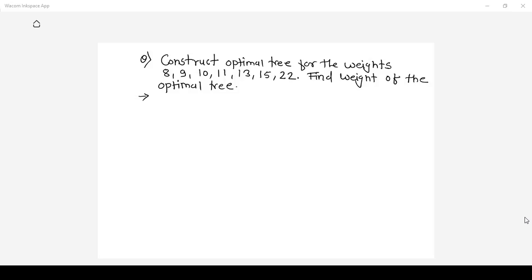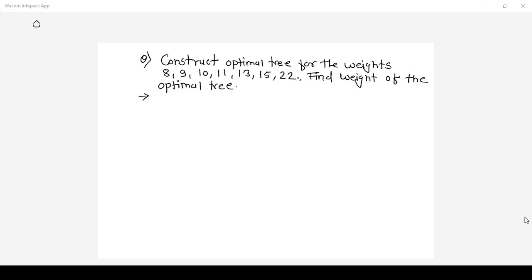Let us see the question. Construct an optimal tree for the weights 8, 9, 10, 11, 13, 15 and 22. These are the weights of leaf nodes, and also we need to find the weight of this optimal tree.